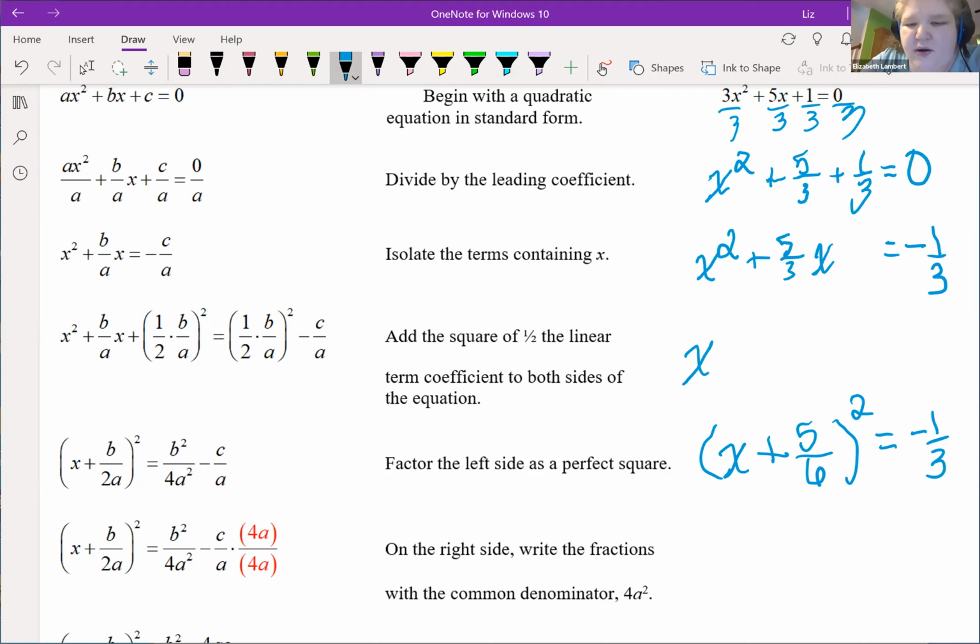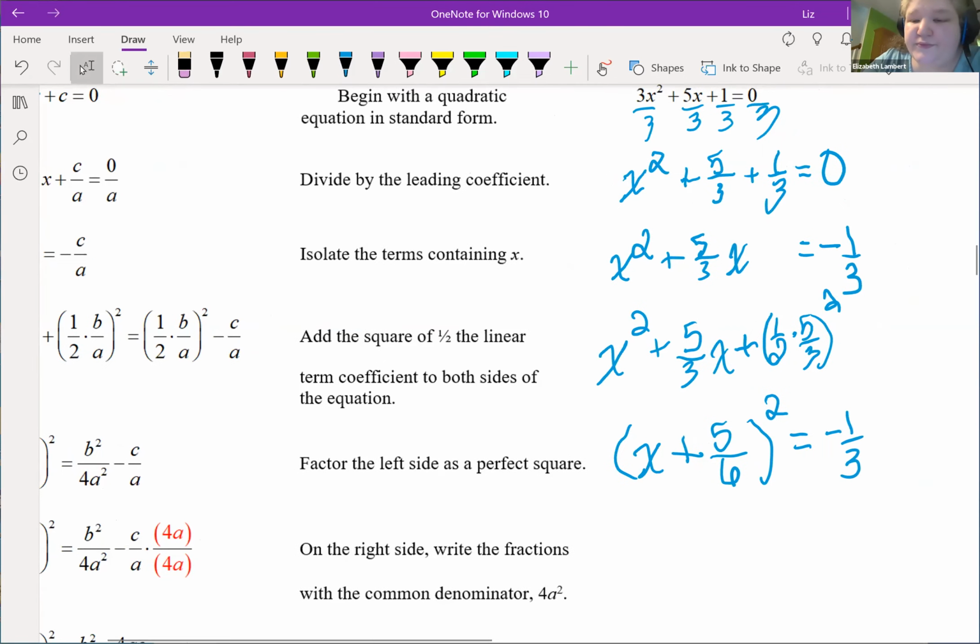So we still have our x squared plus 5/3 x plus half of 5/3, 5/6 squared, which would be 25 over 36.